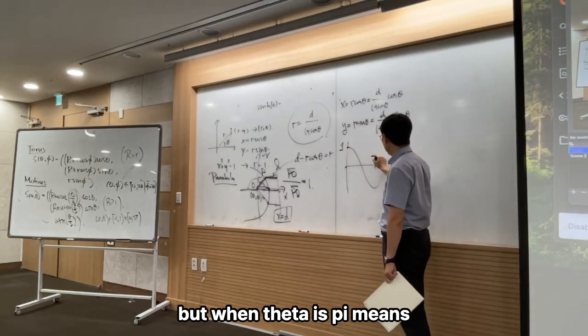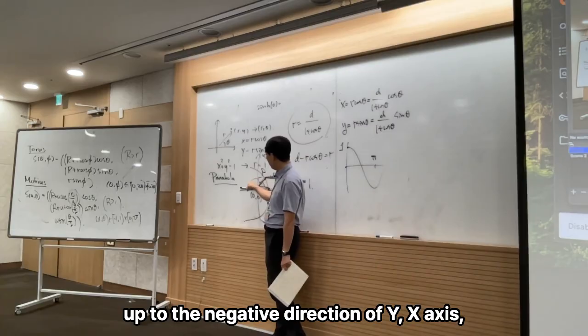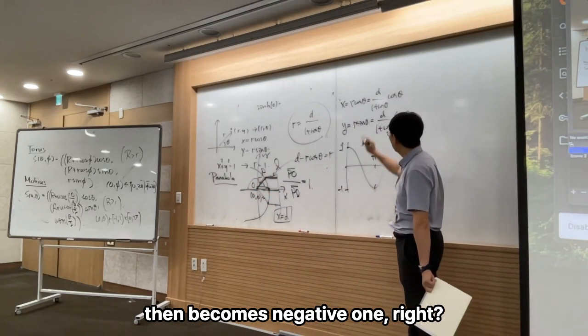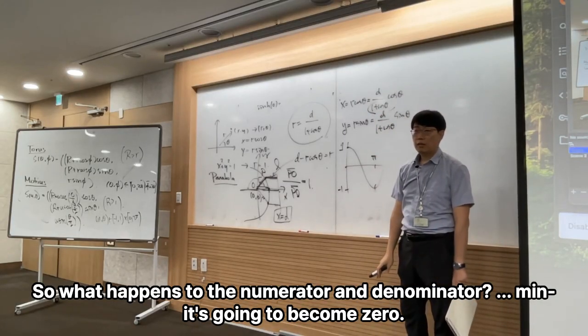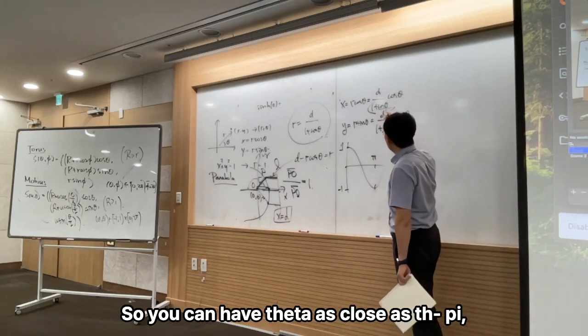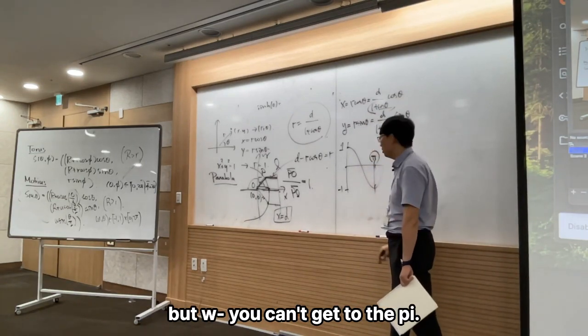But when theta is pi, meaning I'm moving my angle all the way to the negative direction of the x-axis, it becomes negative 1, right? So what happens to the numerator and denominator? The denominator is going to become 0, so we cannot have that. So you can have theta as close as pi, but you can't get to pi.